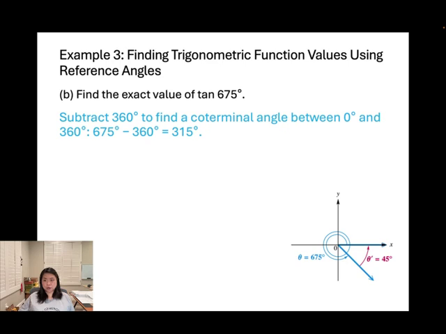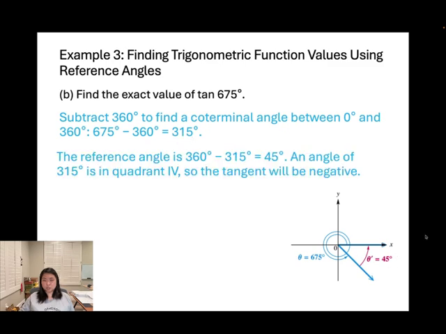You're going to subtract 360, right? Then you find that it will be 315 degrees, which is going to be in quadrant 4. Then you use 360 minus 315. That will be your reference angle, 45°. So tangent 675 will be equal to tangent 315.